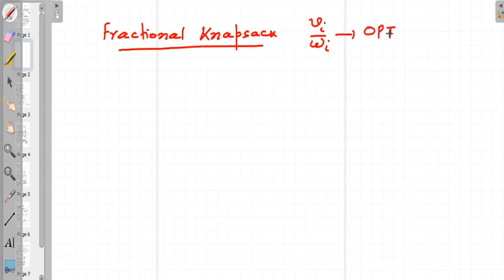VI by WI ratio, and this knapsack problem. If we think about this knapsack problem very fundamentally, we are having a bag, a knapsack that has a limited capacity.